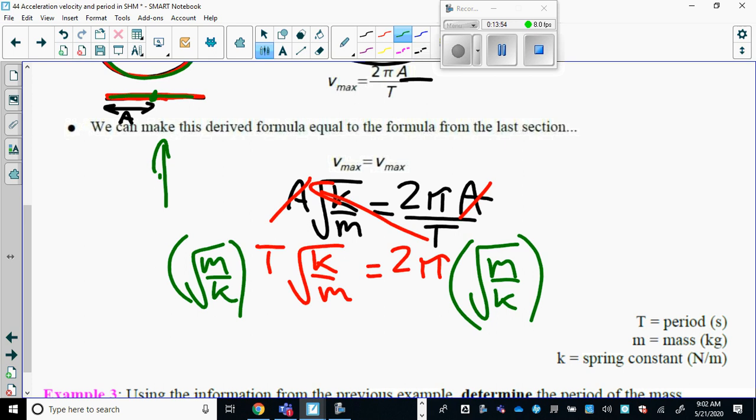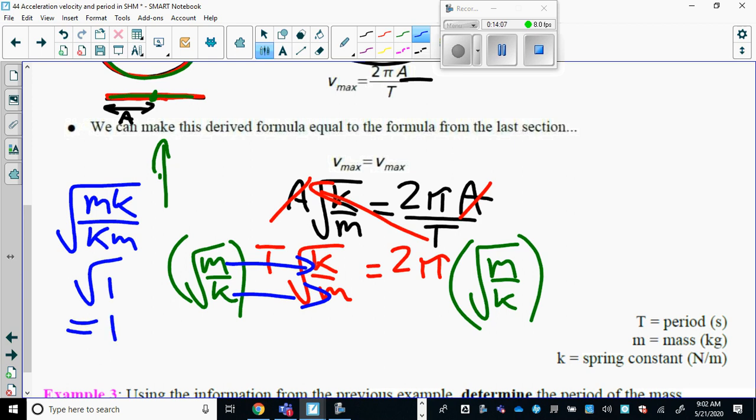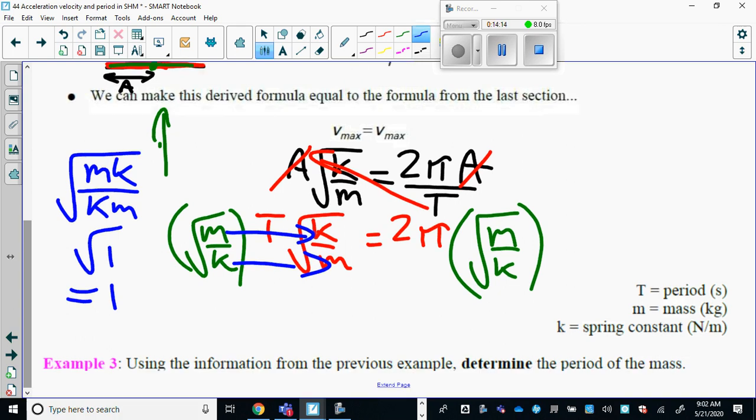If I do this, I'll get the square root of mk divided by the square root of km, and those will become the square root of 1, which is 1. So you can see how that cancels out. And here's our new formula for calculating the period of a mass on a spring.